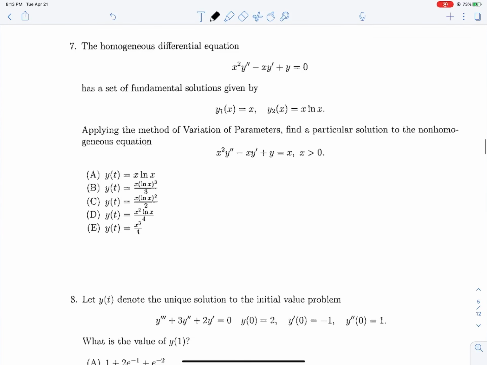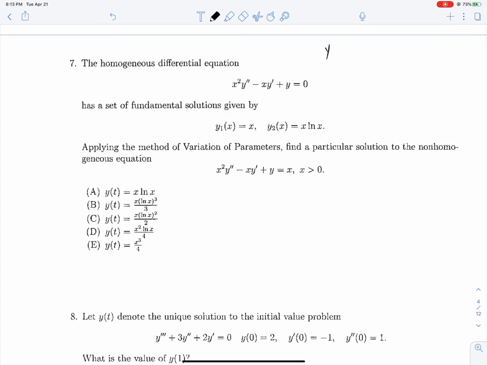7. The homogeneous differential equation given here has fundamental solutions given there. We're applying variation of parameters. So we know that there are really 4 terms that we need for variation of parameters. There's y1, which in our case is x, y2, which is x ln x.